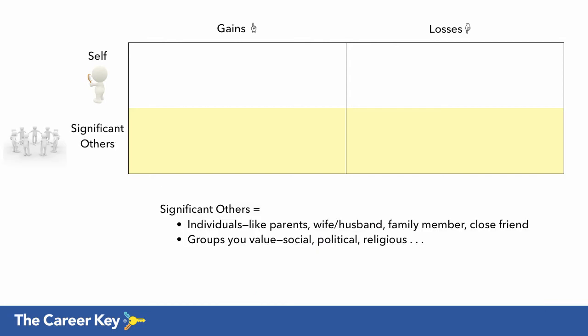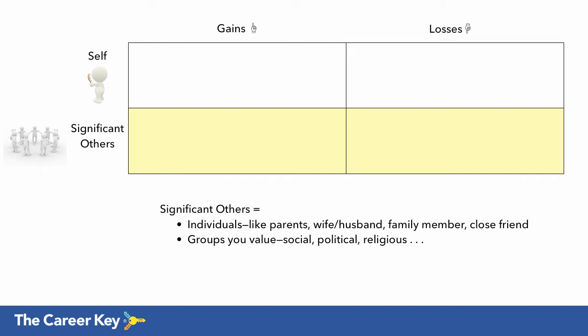The second is gains and losses to significant others. This includes individual people like parents, wife or husband, other family members, or close friends. And it also includes groups you value. These might be social, political, or religious.